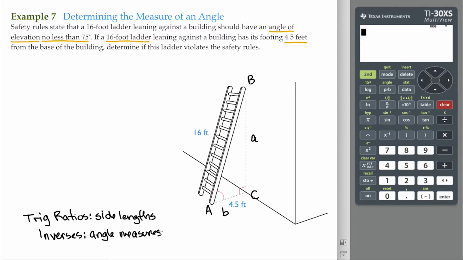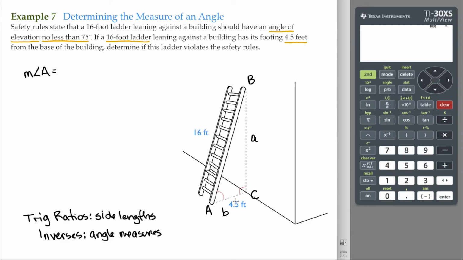So since we want to find the angle measure, we wind up using the inverse. I need to determine the measure of angle A. And of course, I look at what information is provided to help me determine what type of ratio I should have. So I have this information here, 4.5 feet, and I have this information here, 16 feet.